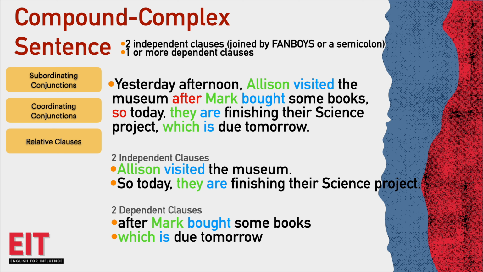So a rule of thumb is you can use just one of the fanboys in a sentence. If you go beyond that, then that means you're making your sentence too long. So if you're going to add another independent clause, why don't you just start another sentence?